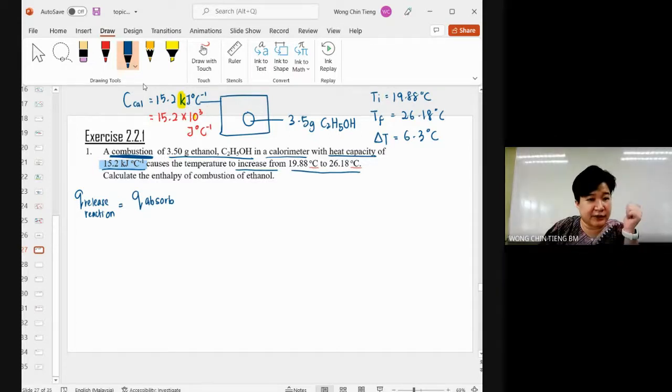Air tak ada, solution tak ada. So siapa yang absorb heat? Calorimeter. Maka pertama, concept of calorimeter. Kena tulis. Dah decide ini, when you decided this, then only you decide your MC delta T or your C delta T.